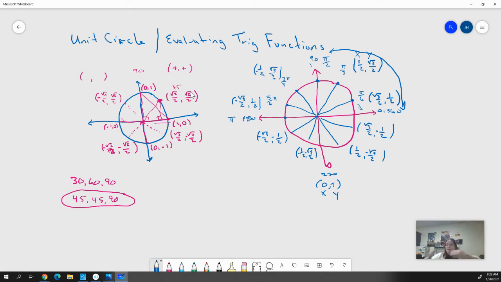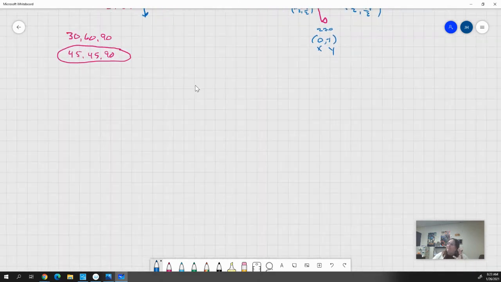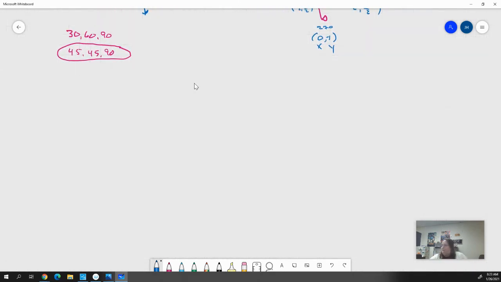Everything has an xy point on it based on that one unit. So that being discussed briefly, we're going to look at our trig functions, our 6 basic trig functions, right?